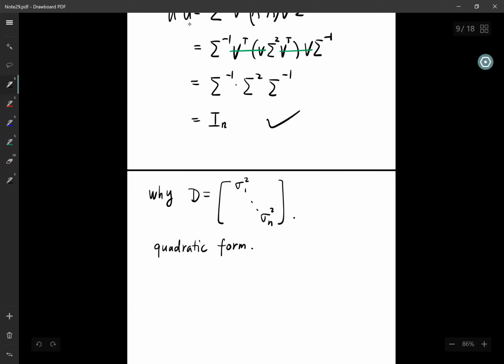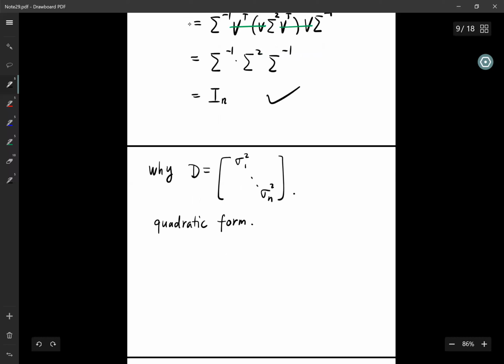So let's compute this. There's a matrix A transpose A, and for any x in R n, I can consider this. This is very similar to the last problem we talked about last time.